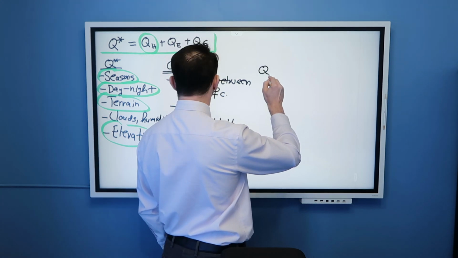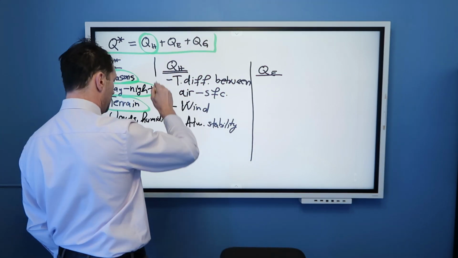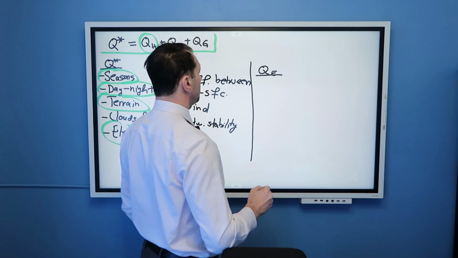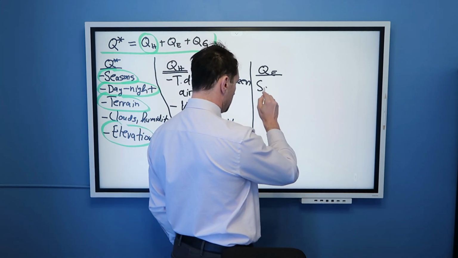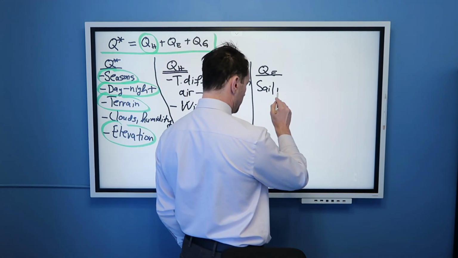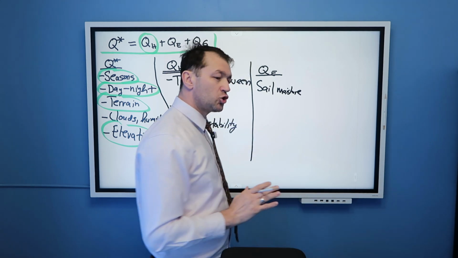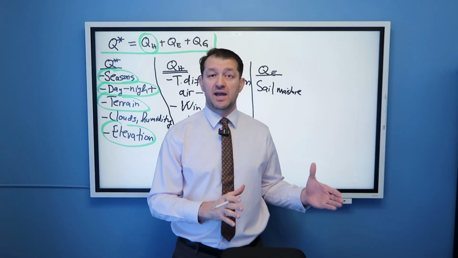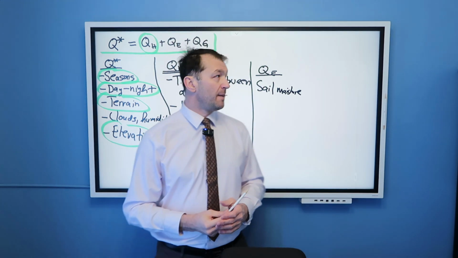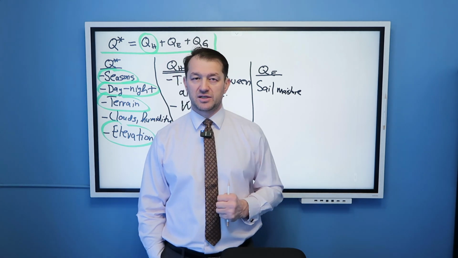Then the next flux is QE, latent heat flux. And latent heat flux is typically affected by soil characteristics, and particularly soil moisture. If the soil is very moist, in the extreme case, if it is water, such as oceans, seas, lakes, rivers, then there is great potential for evaporation, and this flux can be increased.